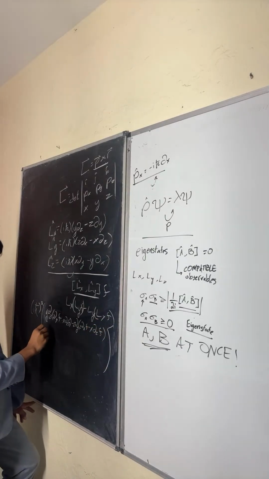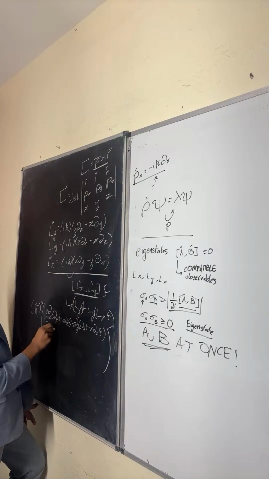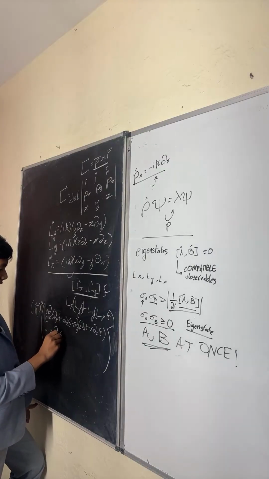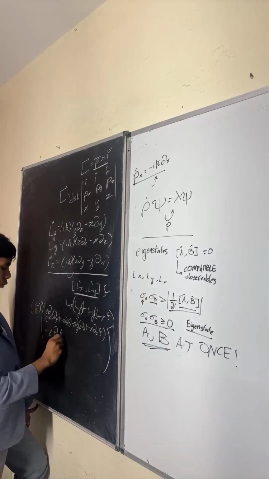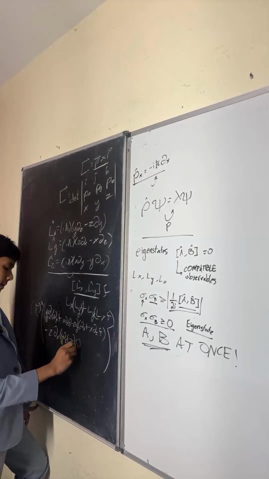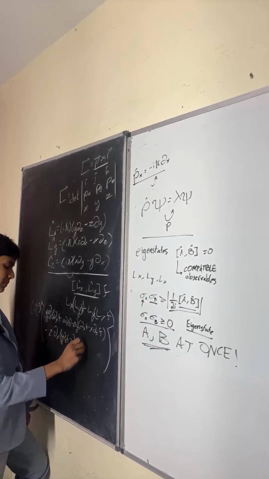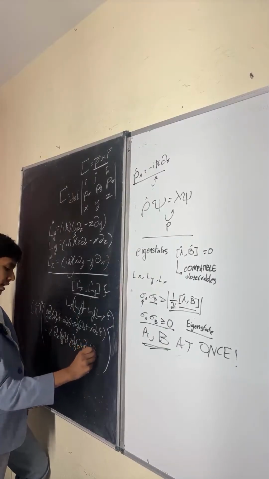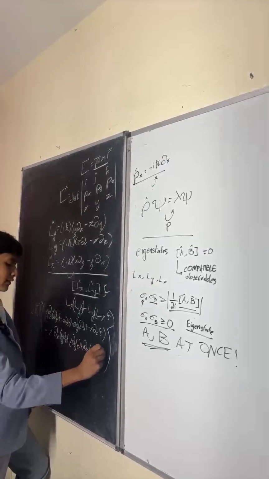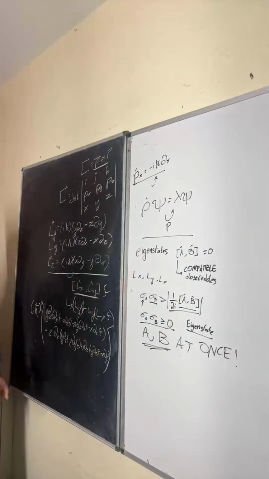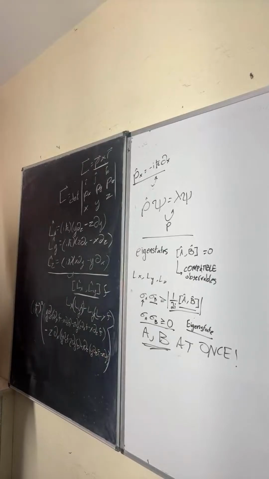Minus, how are we going to go about this? z partial x times y partial z f minus z partial y f, plus x partial z times y partial z f minus z partial y f. Good. Now what do we do?